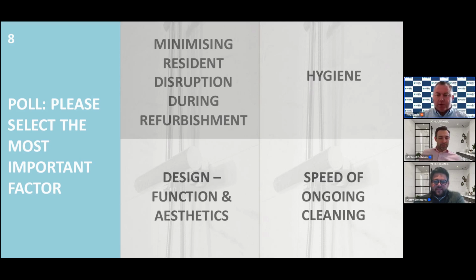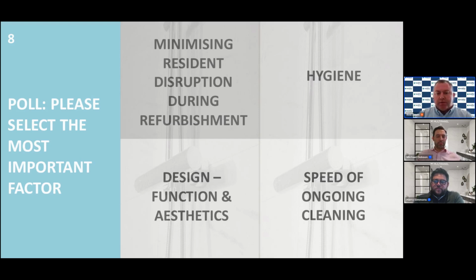Very interesting results come through from there. So minimising resident disruption, that's quite an important factor, obviously, in a care home where there's a lot of conditions to be mindful of and to take account of. It's quite important that these particular areas are free from disruption as much as possible, because when you're doing a refurbishment, it's not an empty building.